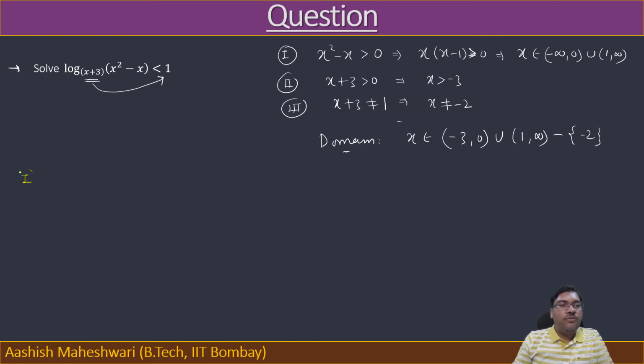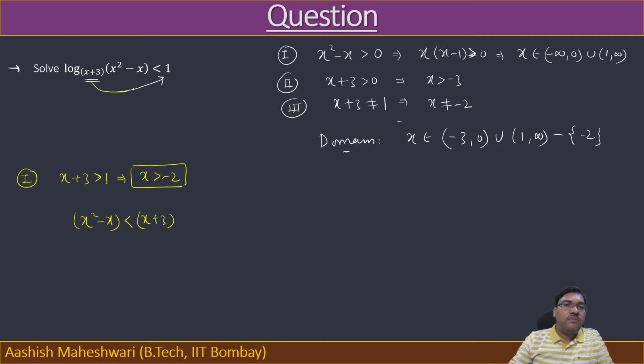Now the first condition, if this base, that is x plus 3, is greater than 1, that means x is greater than minus 2. Let's say x is greater than minus 2. If base is greater than 1, now you can say this is x square minus x is less than x plus 3. Why less than x plus 3?